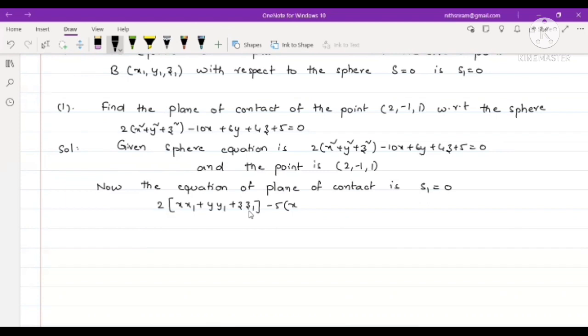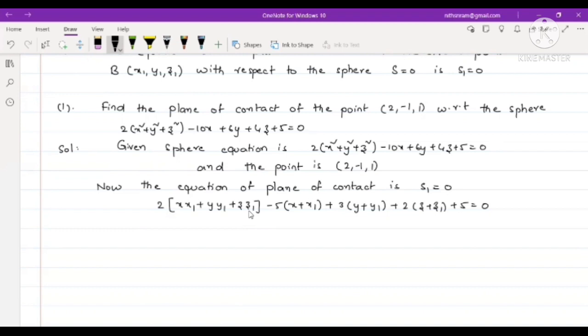Minus 5 into x plus x1 is nothing but minus 10x when x1 is replaced by x. Similarly, for the coefficient of y, we take half of it: 6y can be written as 3 into (y plus y1). And 4z can be written as 2 into (z plus z1), plus 5 is equal to 0. So this is nothing but S1. I am writing S1 with the help of S.